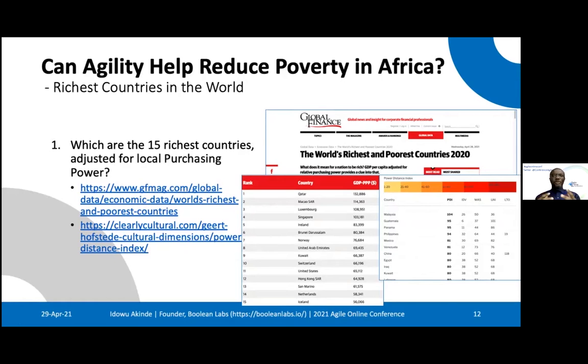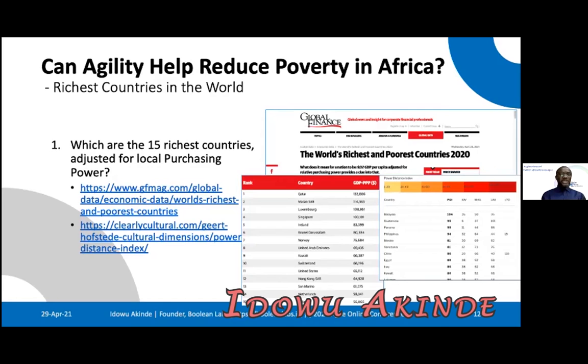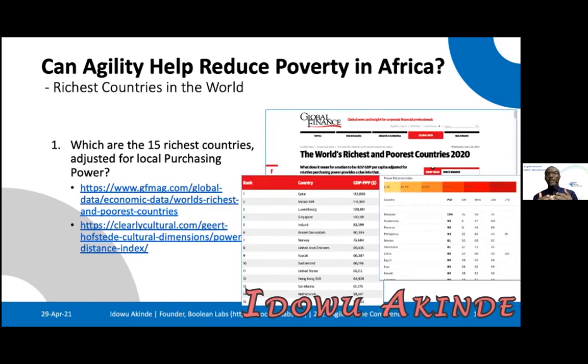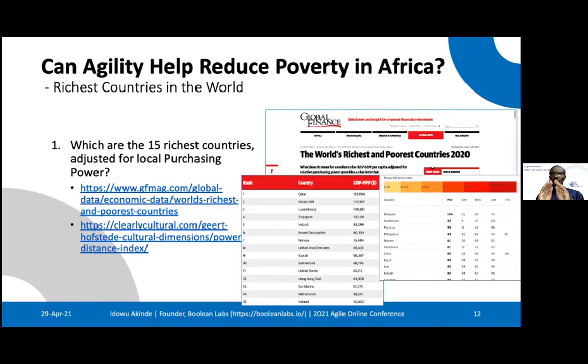You can probably buy the average meal, rice and chicken maybe at a restaurant, for maybe 1,000. What's the corresponding cost of a standard entry level meal in New York? Is it likely to be $2 to $3? I don't think so. So that's the thinking behind the GDP PPP. It's a common way used by economists and statisticians to adjust GDP for local environments.